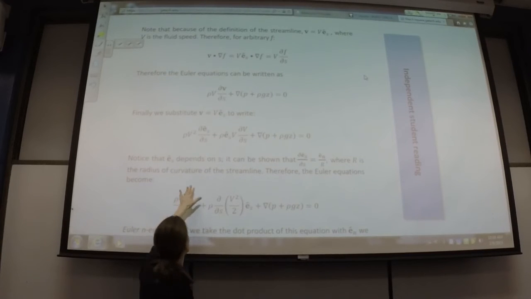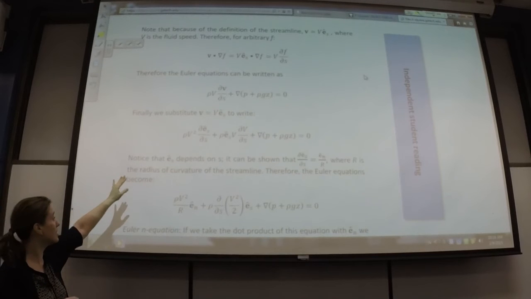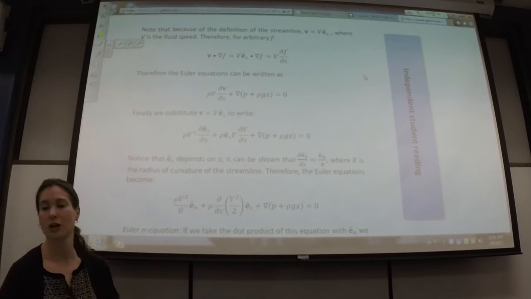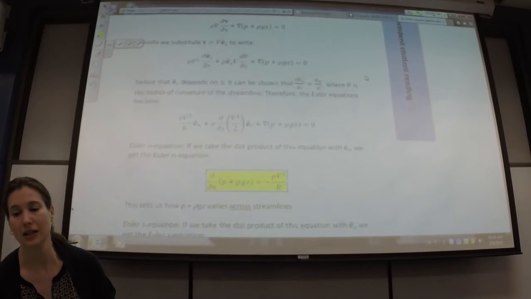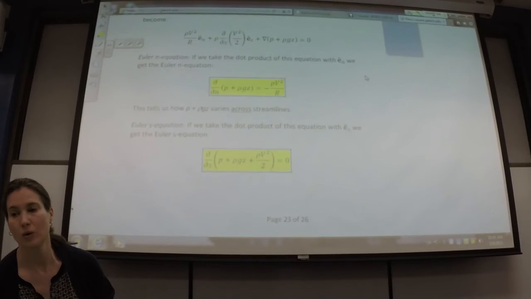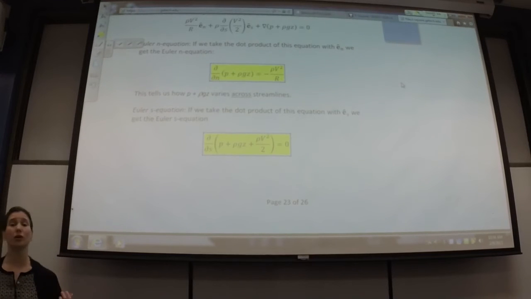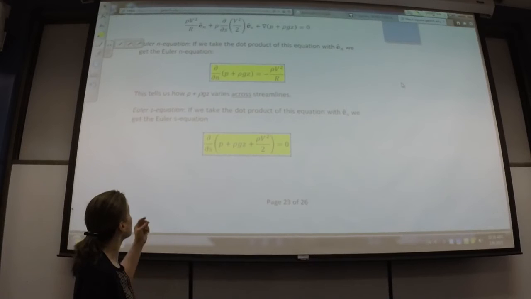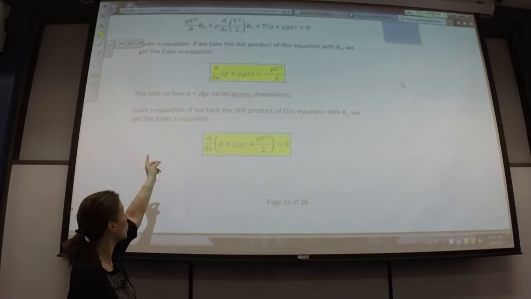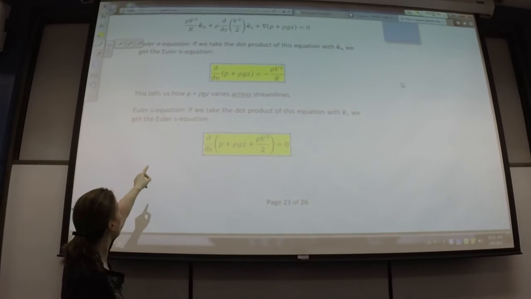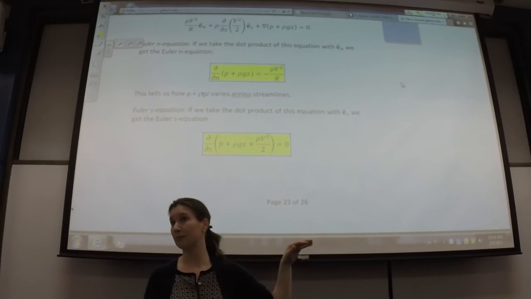Okay, so we've got a relationship that can be written in terms of S, and we've got a relationship that is in terms of N, and ultimately we get the Euler N equation and the Euler S equation. That tells us how P plus rho g z varies across streamlines, or how P plus rho g z varies within the streamline.